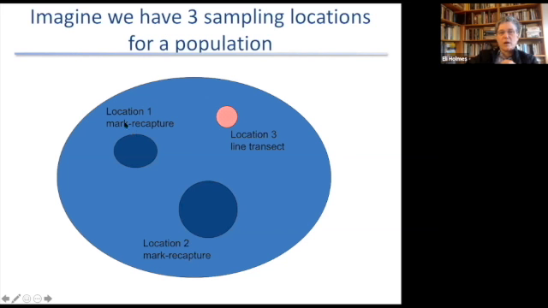So we have one location, and we do a mark recapture study, and kind of a small one. And then we have another location where we have a larger mark recapture study. And then we have a third location where we have a line transect. We think that all of these are measuring the same thing. They're measuring the population, but they're all a little bit different.